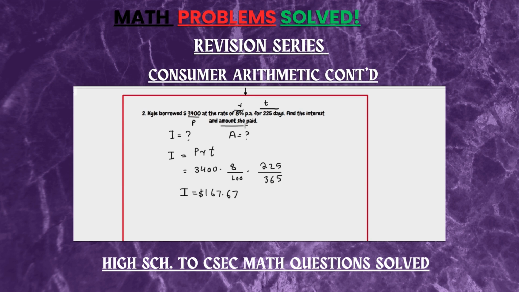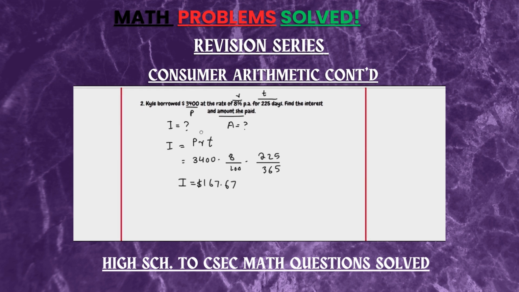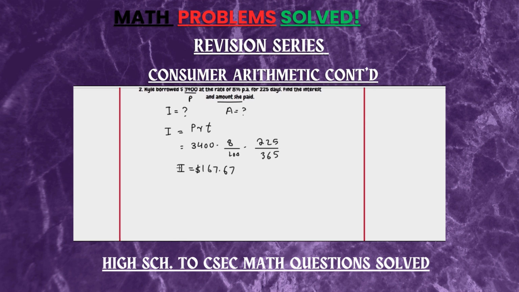Then you have to find the total amount she paid. To find the total amount, we will use the formula A equals P times (1 plus RT), right? Or you may simply use another way, because we discussed that the total amount is the principal plus the interest amount, right?